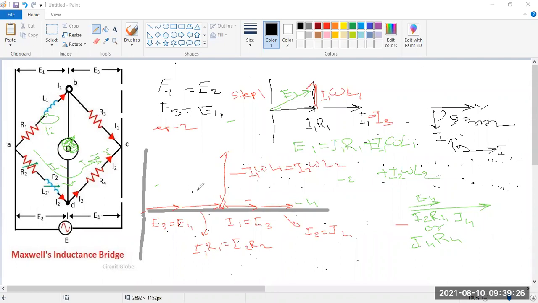Here we can find a dotted line, that is E1 equal to E2.